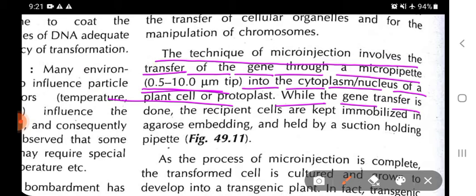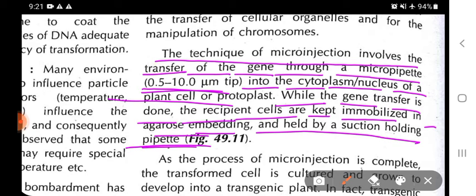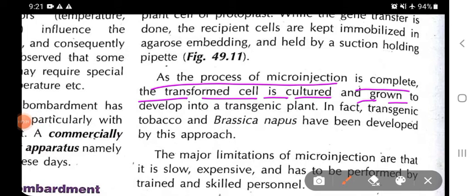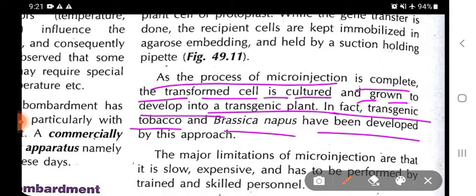While the gene transfer is done, the recipient cells are kept immobilized in agarose embedding and held by a suction holding pipette. Once the process is complete, the transformed cell is cultured and grown into a transgenic plant. In fact, transgenic tobacco and Brassica napus plants have been developed by this approach.